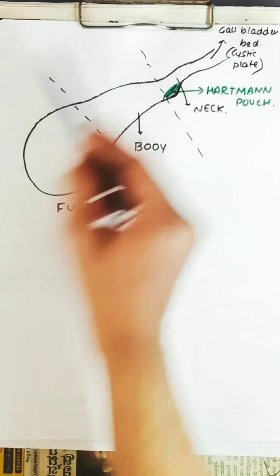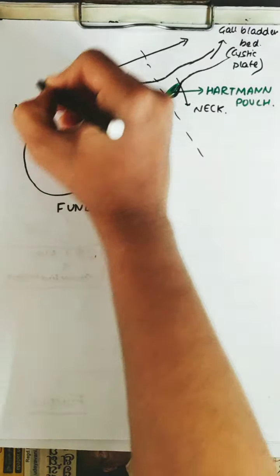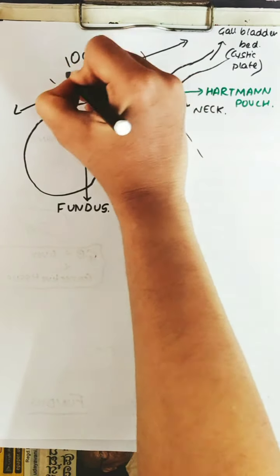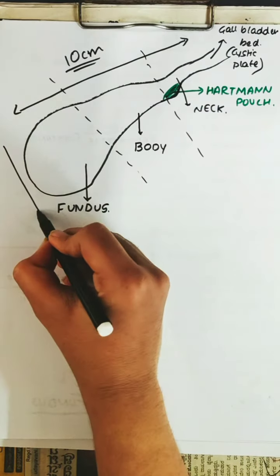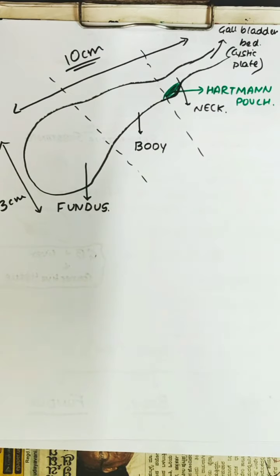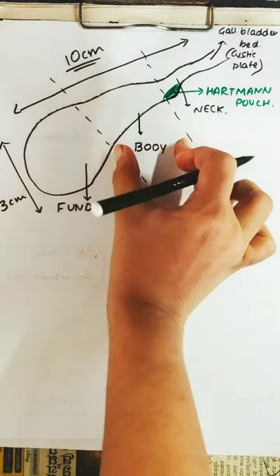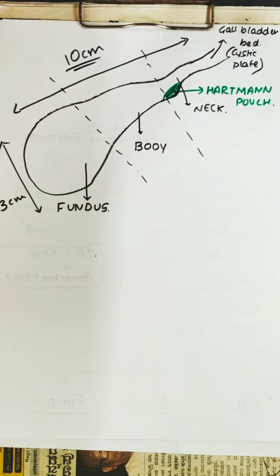What is the length of the gallbladder? The length is 10 centimeter and the width is 3 centimeter. So remember this diagram.